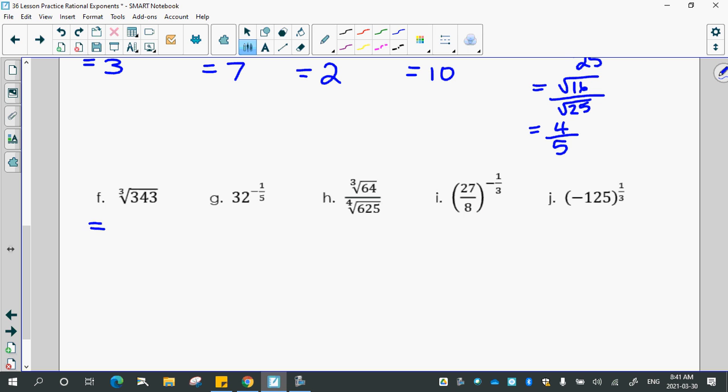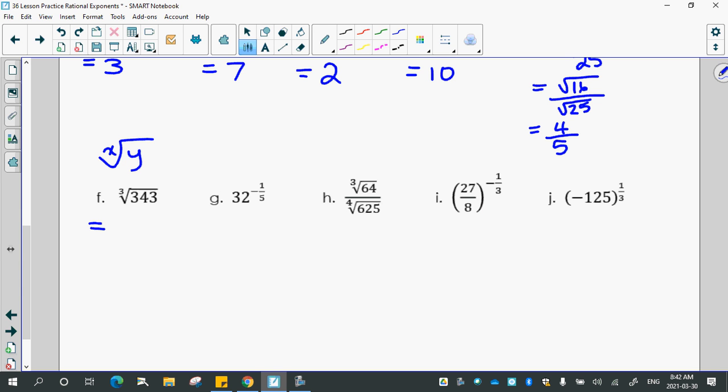So you'll find a button that looks like this, possibly. Does anyone have that button on their calculator?